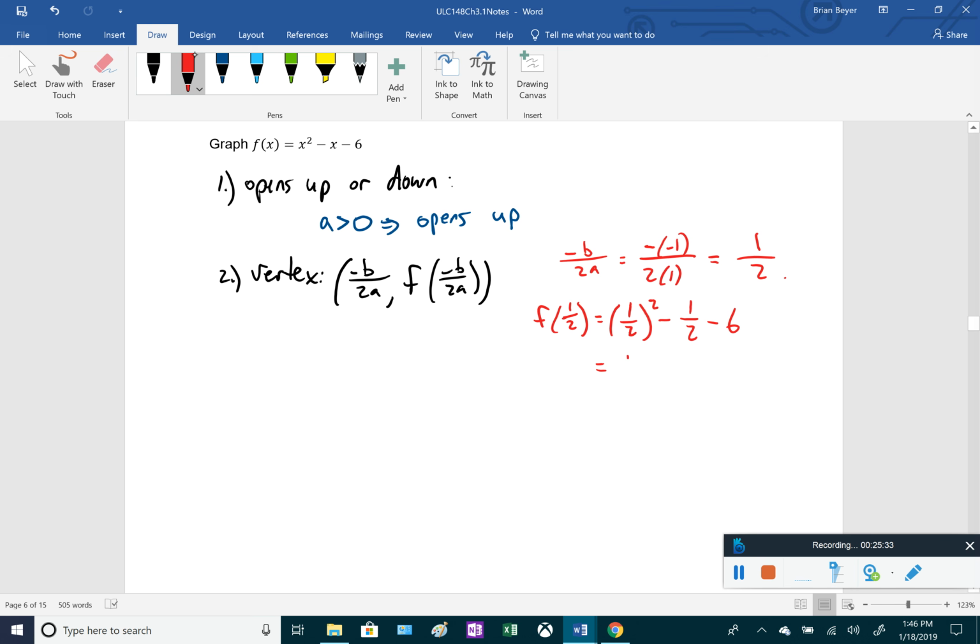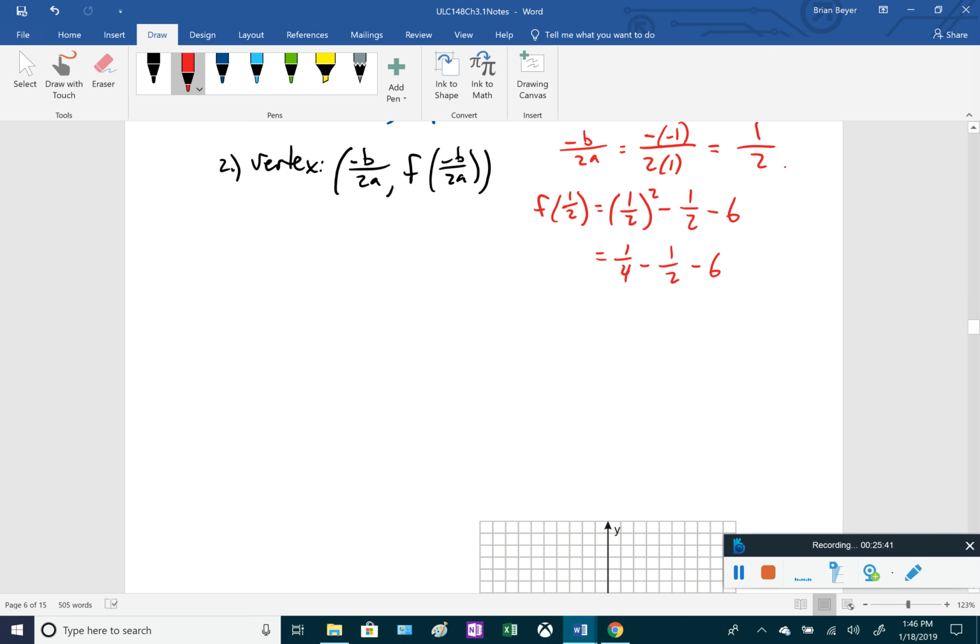Okay, so 1/2 squared is 1/4. 1/4 minus 1/2 minus 6. So let's do this by hand instead of using a calculator. Let's just make sure we remember how to add and subtract fractions here. So common denominators of 4: 1/4 minus 2/4 minus 24 over 4.